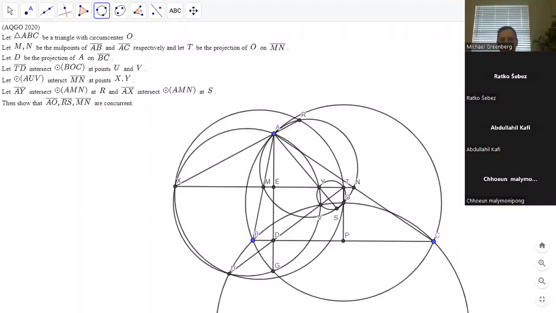We want to use that this is a rectangle right here. So if this is a rectangle, maybe we could think about it a different way. We want to show V lies on this circle, but V lies on TD. We want to show angle VTO equals angle VYO, or we could try VSO. And VTO is like a whole bunch of different, there's like 4 different ways to think of VTO.